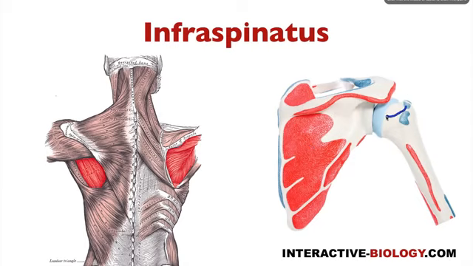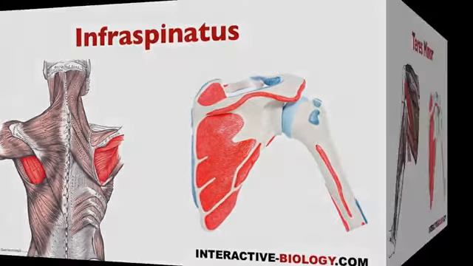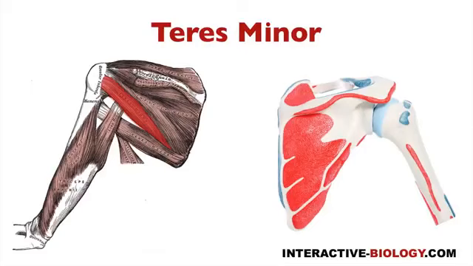Well, that's going to cause external rotation of the humerus. So you're going to externally rotate your arm, and that's going to be aided by the contraction of infraspinatus.